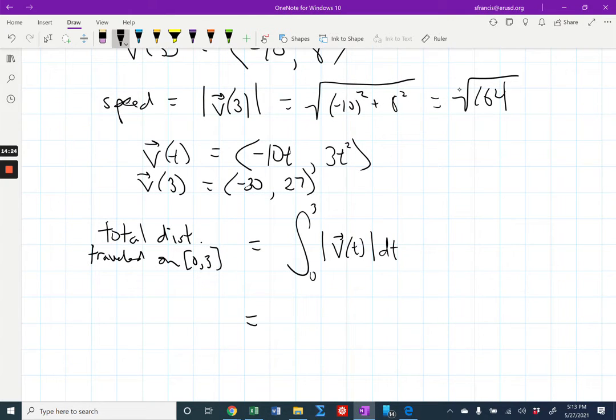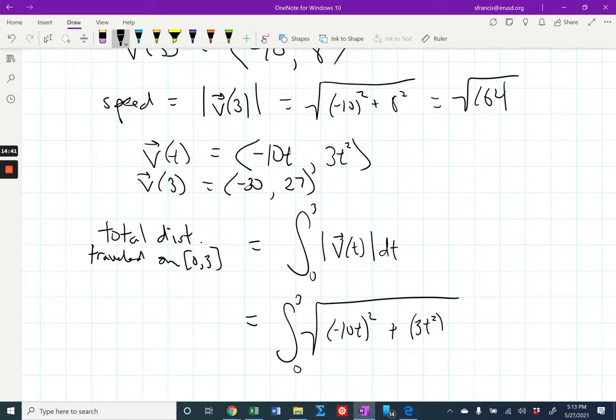But how do I find the magnitude? Oh, it's the Pythagorean theorem, okay? So what's v of t? Well, the x-coordinate is -10t. So it's the square root, and then we get this -10t quantity squared plus 3t squared, and we integrate that with respect to t, and that's how we would get our total distance.